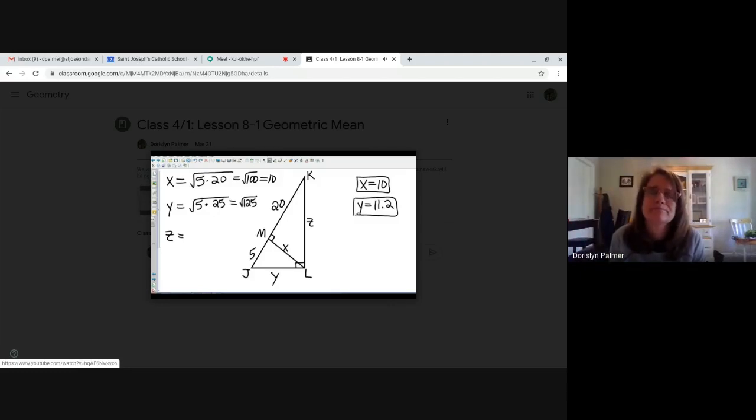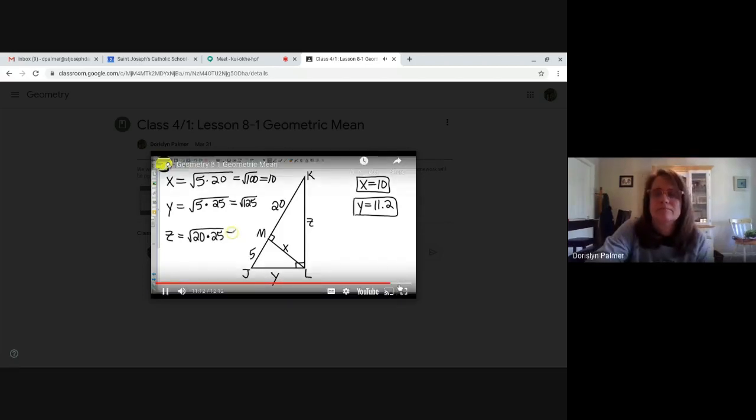And so to find z, we're going to find its adjacent side, which was 20, and multiply that by the entire side, which was 25. So 25 times 20 gives me 22.4.